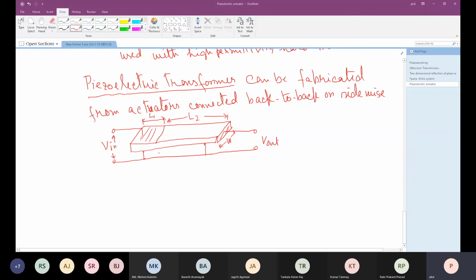These are just connections. So basically voltage, this displacement, and there is an XZ component also. That XZ component is picked up for this V out.